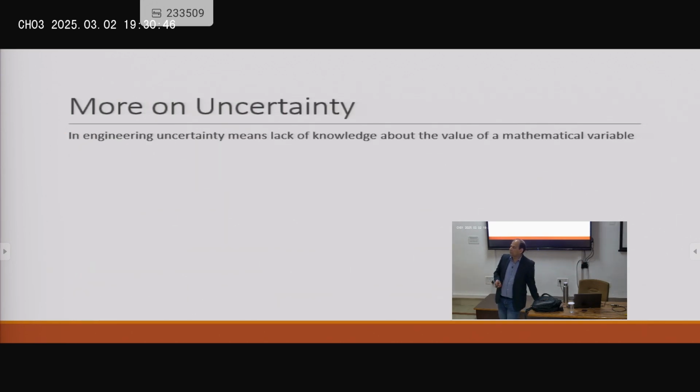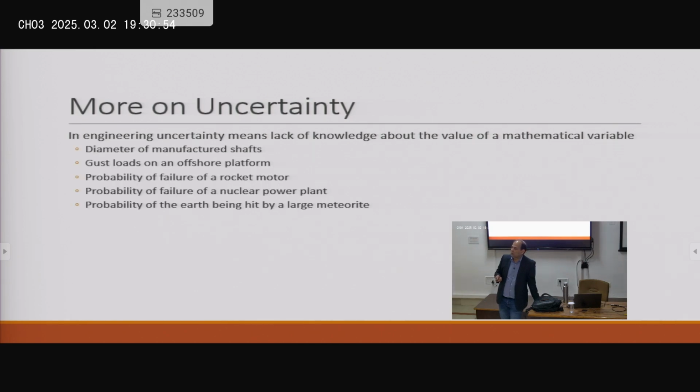So in engineering, uncertainty means lack of knowledge about the value of a mathematical variable. So, diameter of a manufactured shaft, I have uncertainty. Its mean is this, standard deviation is that, or it is some other distribution, beta distribution, or some other exotic distribution. Gust loads on an offshore platform.